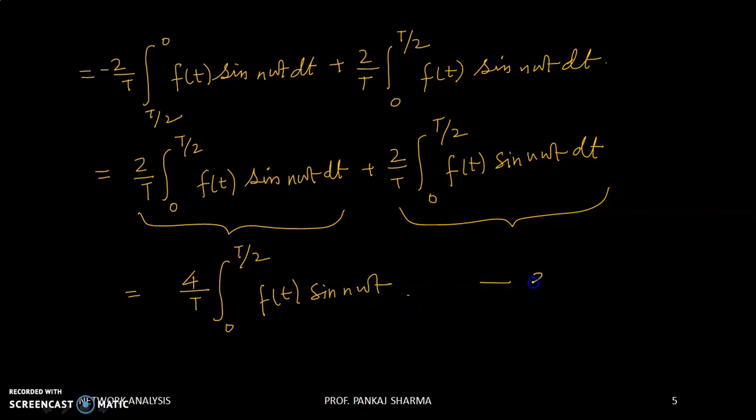Call it equation number 2. So this is your odd symmetry. This is the complete calculation for Fourier series coefficients for odd symmetry.